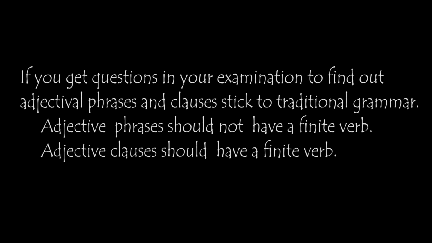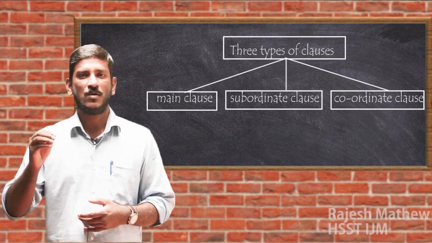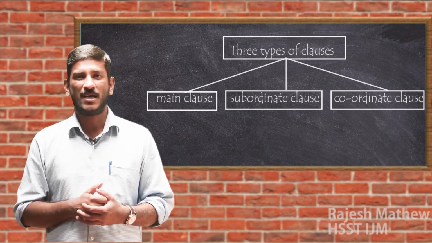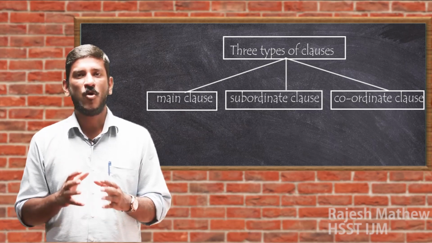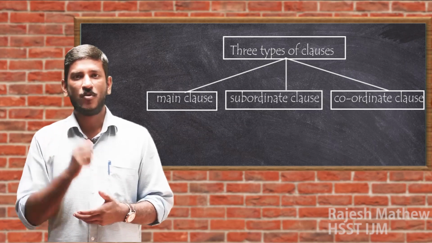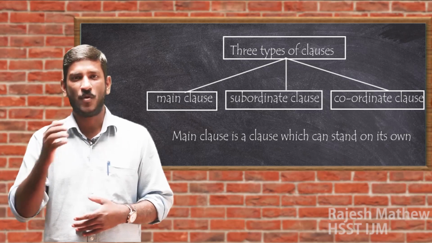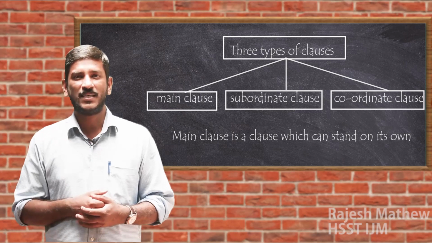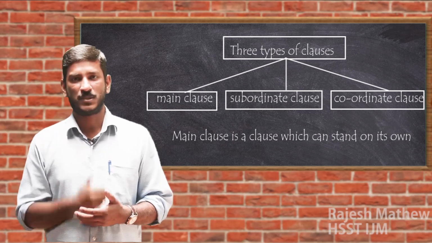There are three types of clauses: main clause, or independent clause, or principal clause; the second type is subordinate clause; and the third one is coordinate clause. A main clause is a clause which can stand on its own, and that is why grammarians consider it an independent clause or principal clause.